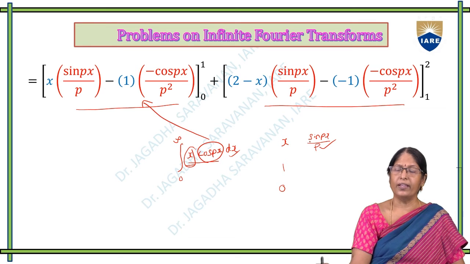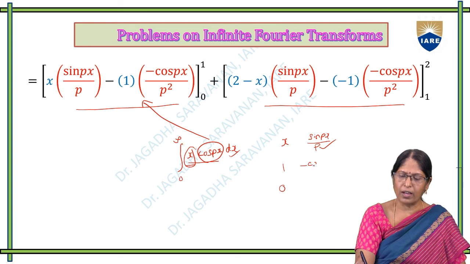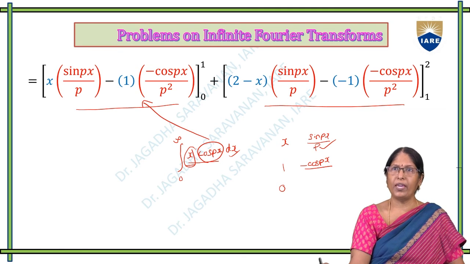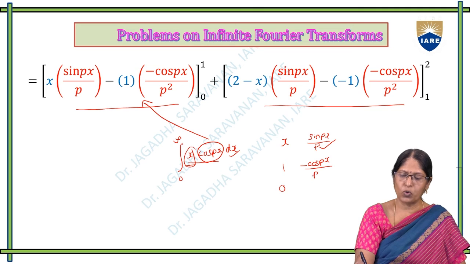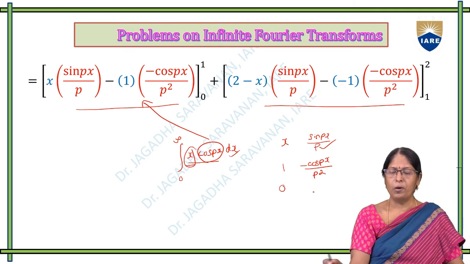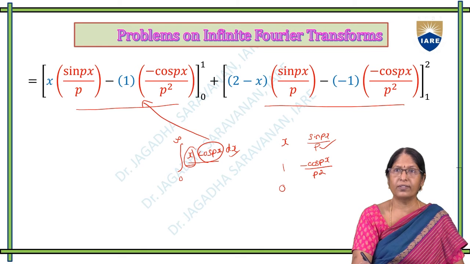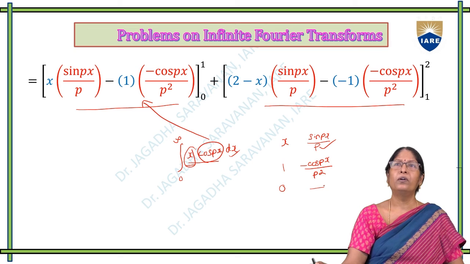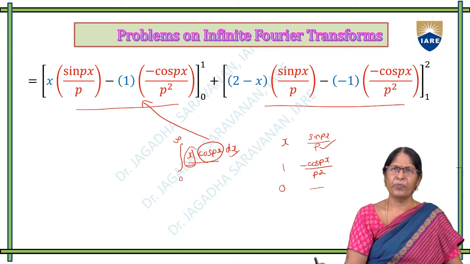Sine integral is minus cos px divided by p, but already before the p exists, so p square. Next we would continue, but on the differentiation side 0 is there, so we need not continue. We will stop the procedure. This is a very simple way of doing integration.